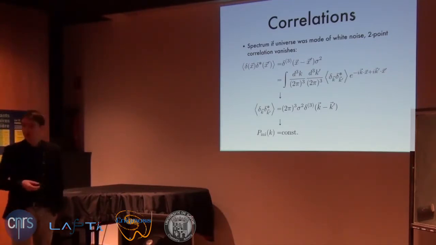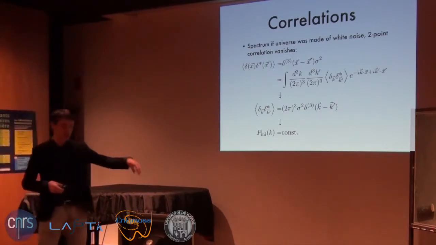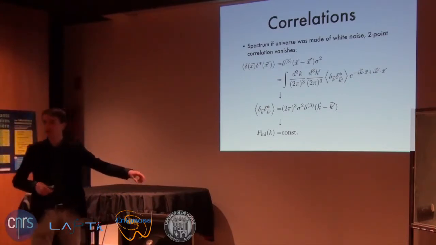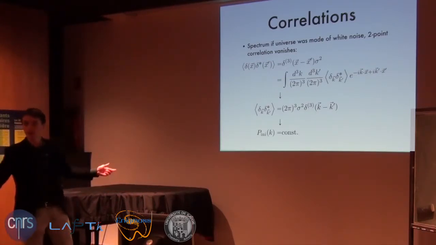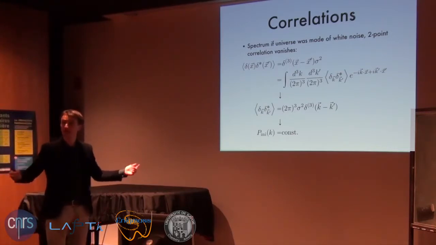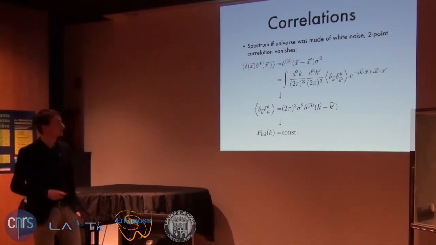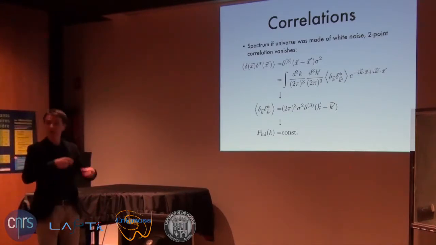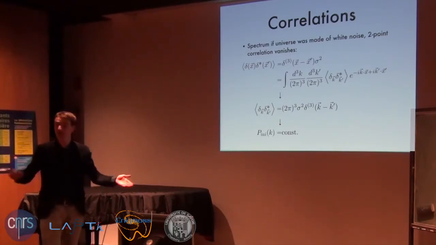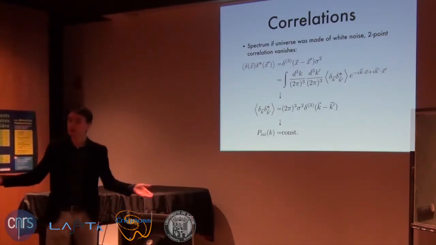So if I had an infinite number of universes, I pick my point x, which is for example here on Earth, and I take another point y, which is for example a million light years away, and I multiply the densities and average that over all infinite cosmologies that I have access to, I will find 0, because they're uncorrelated. Of course, for one individual realization, I have a density here, I have a density there, the answer will be non-zero.